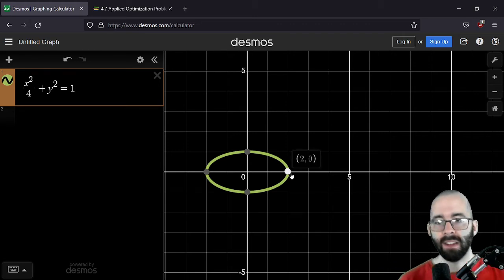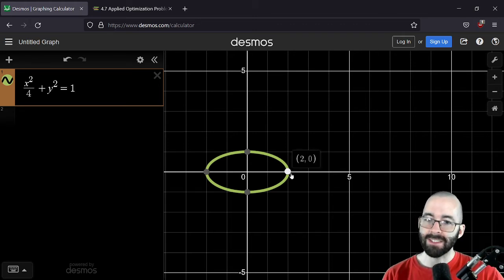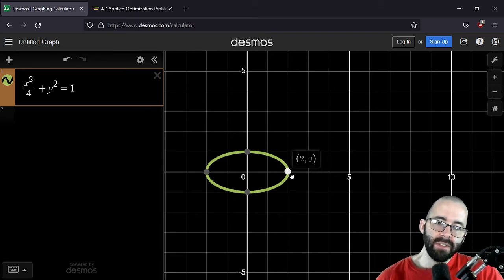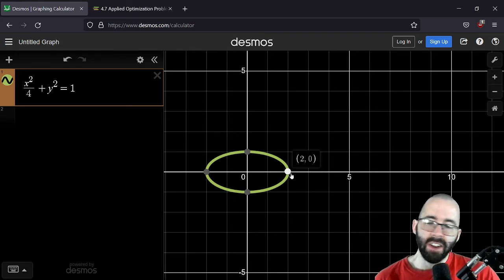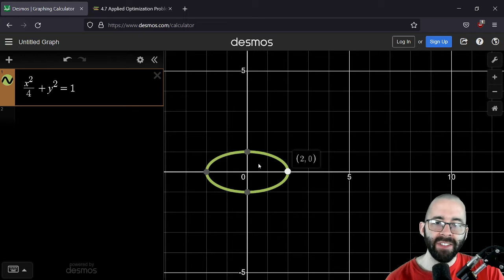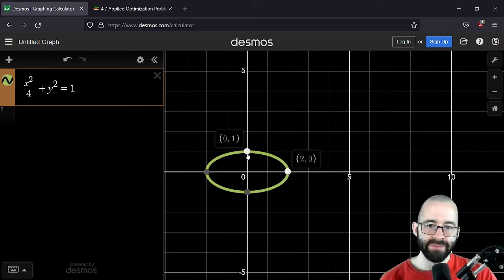So again, I said x squared over something squared. That something squared is how far to the side we go. So that 4 is going to be double the square root of the... sorry, that's confusing. So it goes out to 2 because 2 squared is 4. Then the top is 1.